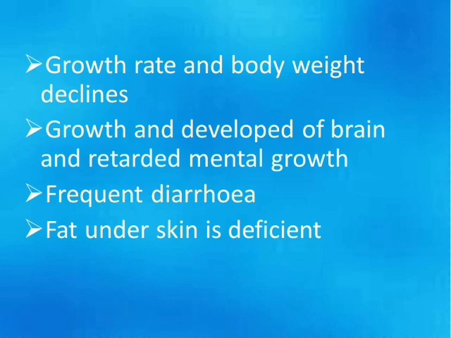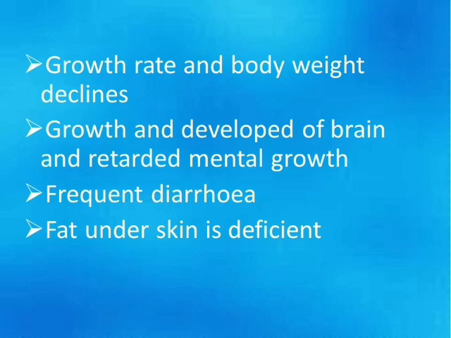So it leads to retarded both physical and mental growth. And there is frequent diarrhea. That is, the child suffers from repeated diarrhea and digestive disorders due to problems with the digestive glands.